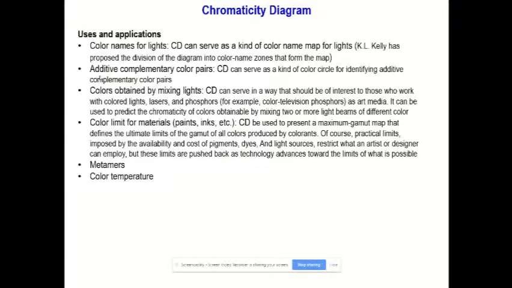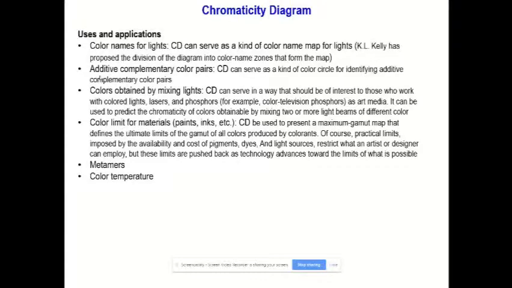Nowadays, there are so many applications for the chromaticity diagram, such as color names for lights. Here the chromaticity diagram can serve as a kind of color name map for lights. We basically try to name different types of light colors based on the colors we have.